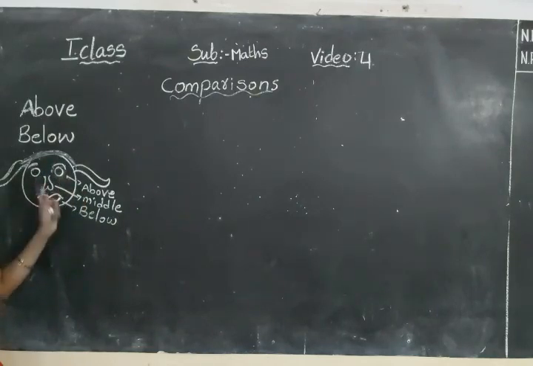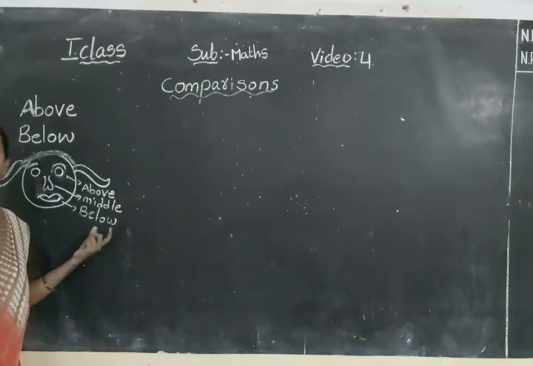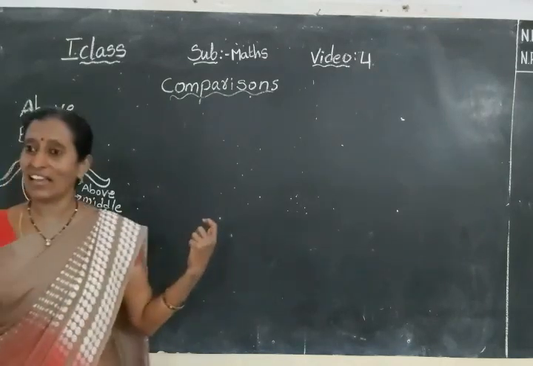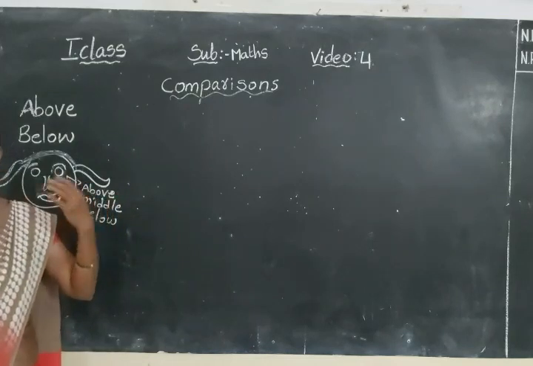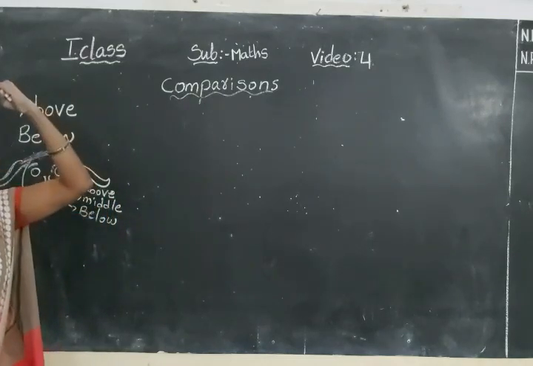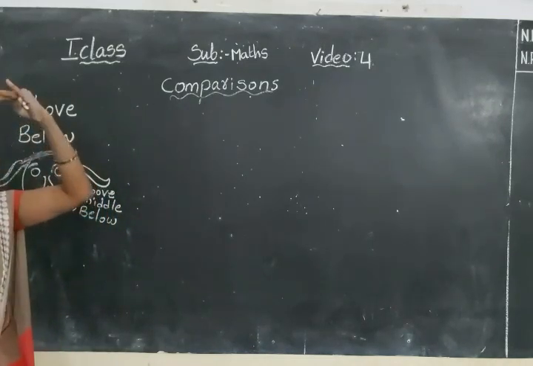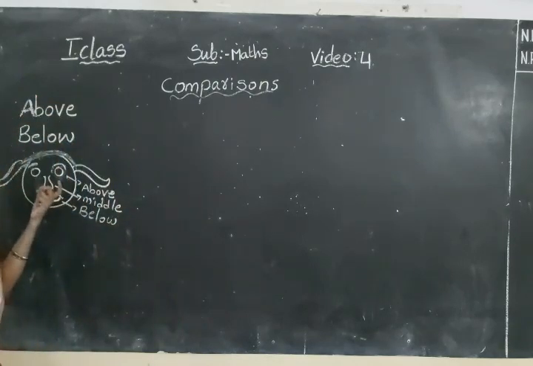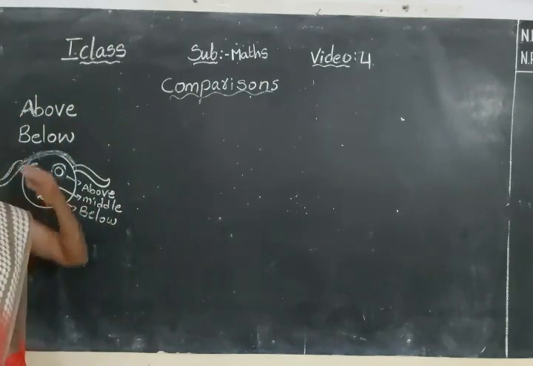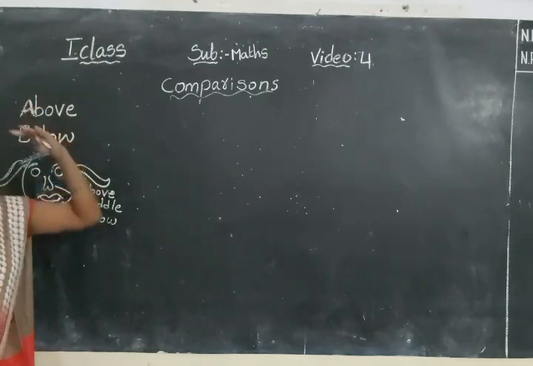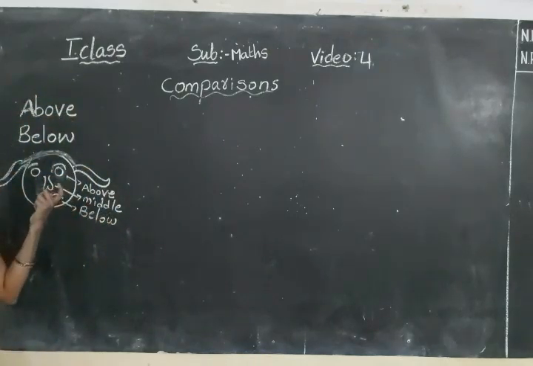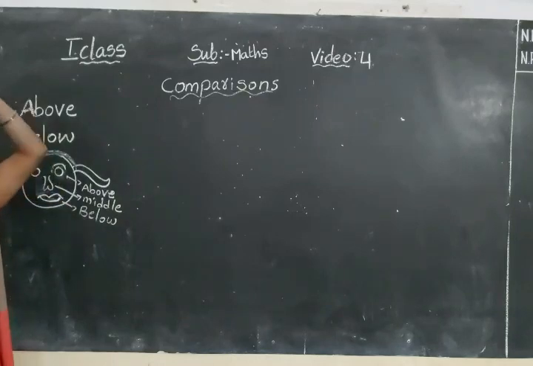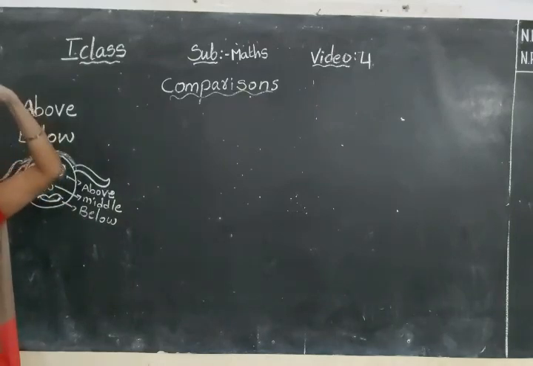In this above and below, the nose is in the middle. Here children, what did you understand? Means the nose is in which position? Something which is placed on the upper side is called above.